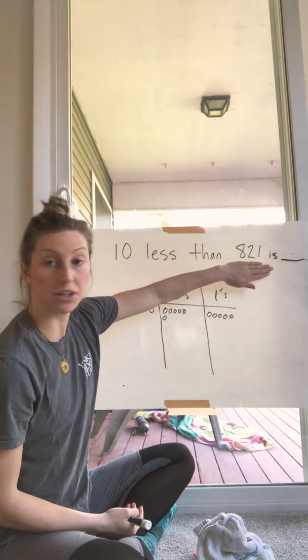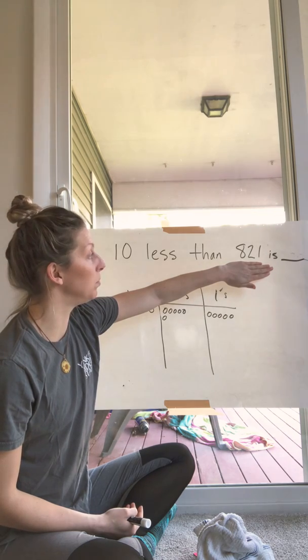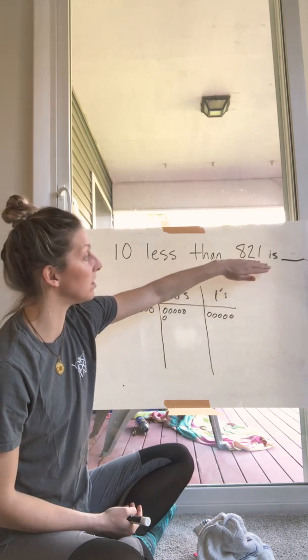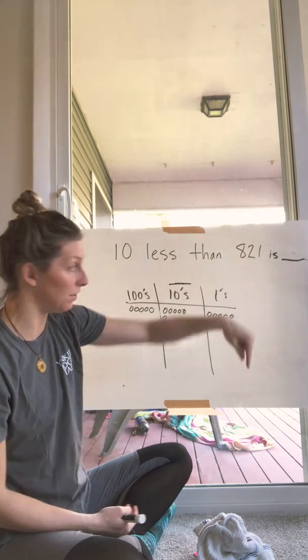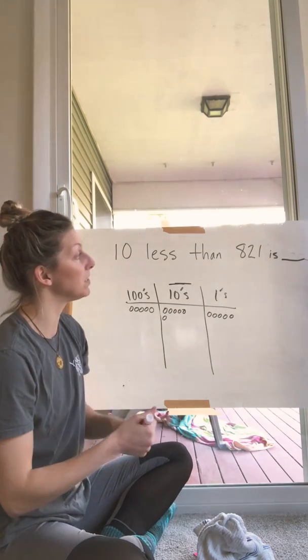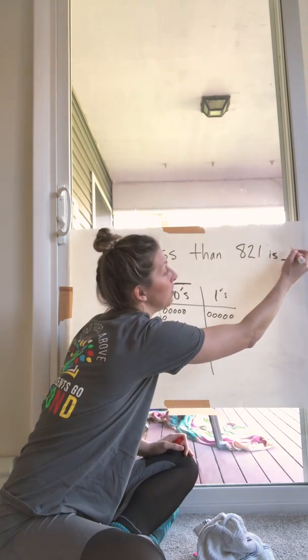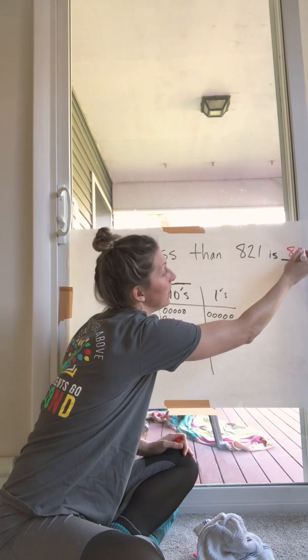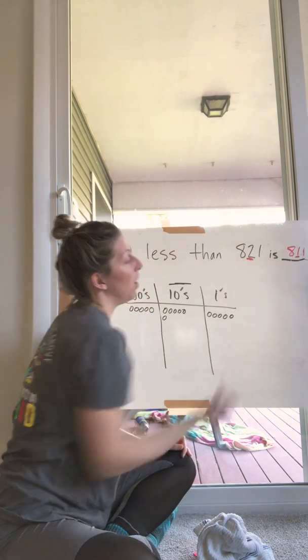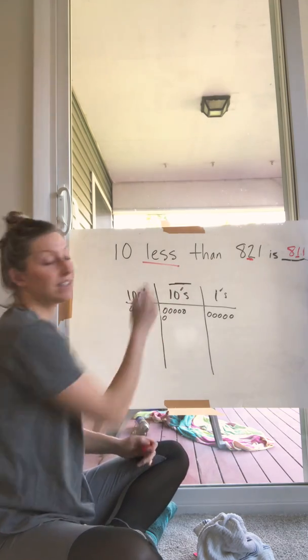If we look at our number, what place value are we going to look at? The hundreds, the tens, or the ones? The tens. So that's going to go down by how many? Just one 10. So that 2 becomes a 1, which makes it 811. See how the 2 went to a 1 because it's 10 less.